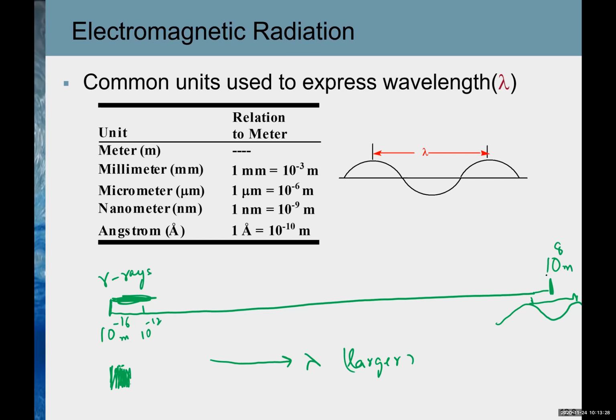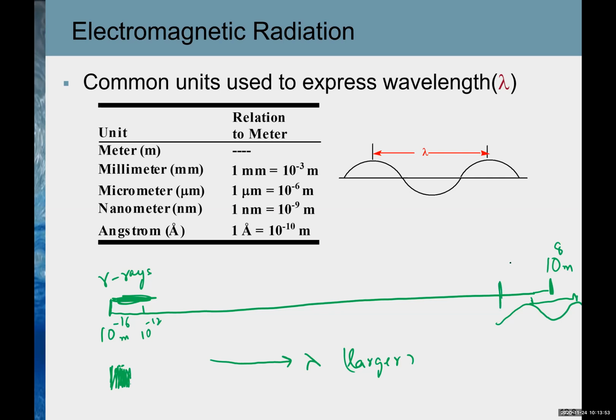How much is 10 to the positive 8 meters? It's about 10 million, or 100 million. 10 to the 6 is a million, right? So it's 100 million meters. So one wave crosses the entire planet Earth, that large.